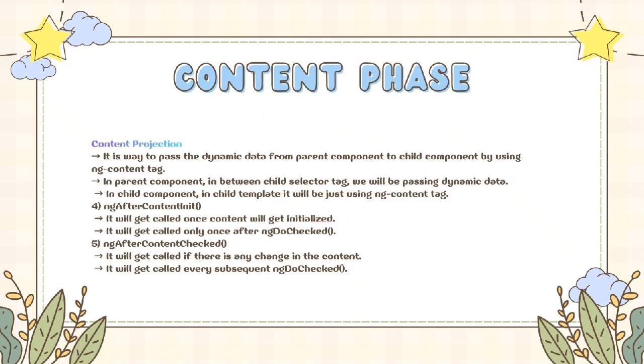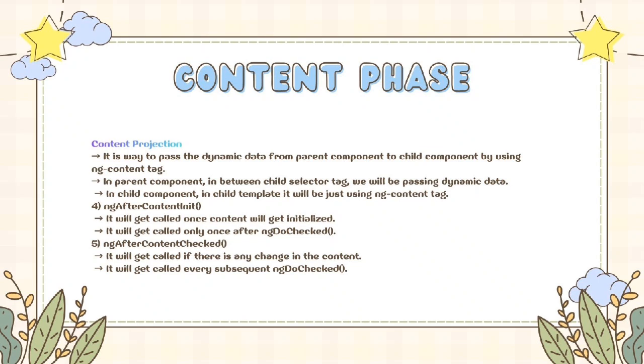Before understanding the content phase lifecycle hooks, we should know what content projection in Angular is. It is one of the main important concepts in Angular. Content projection is a way to pass dynamic data from the parent component to the child component by using the ng-content tag. Yesterday I mentioned ng-content as one of the features in Angular.